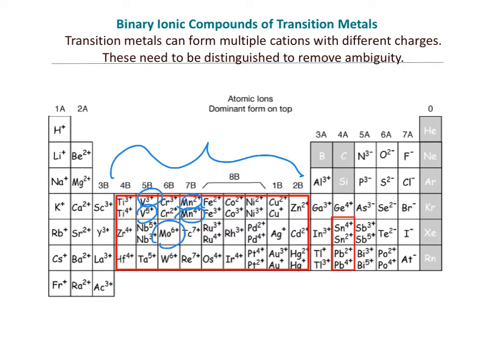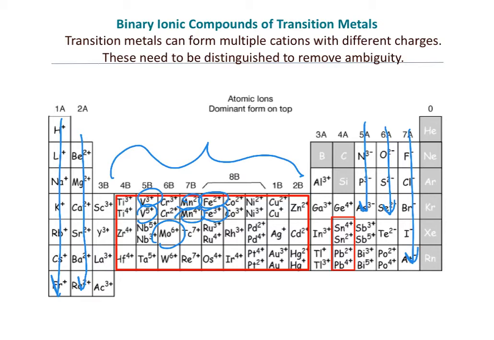I'm just kind of making the point that you don't necessarily know what the charge is going to be when a transition metal forms an ionic bond. Whereas for the A group, for the most part, we can predict that the charges will always be one single thing. They won't vary. So because of that, naming gets a little bit more complicated when we have transition metals.